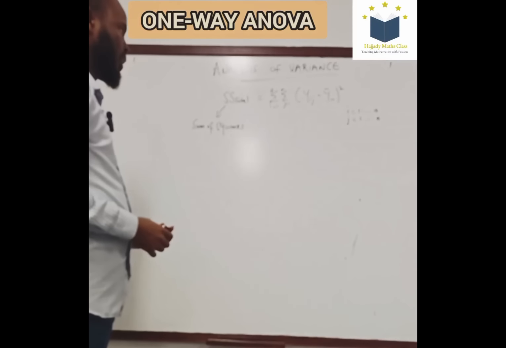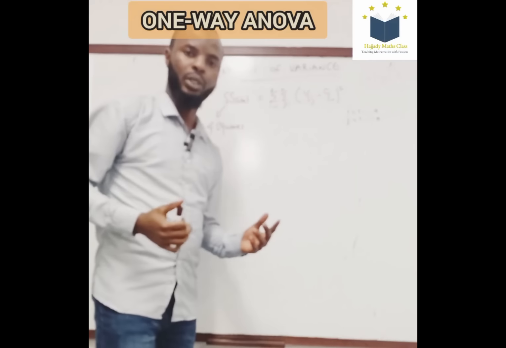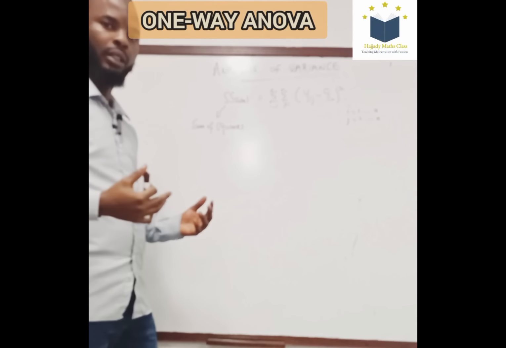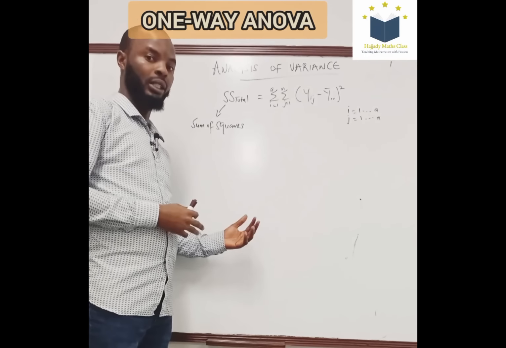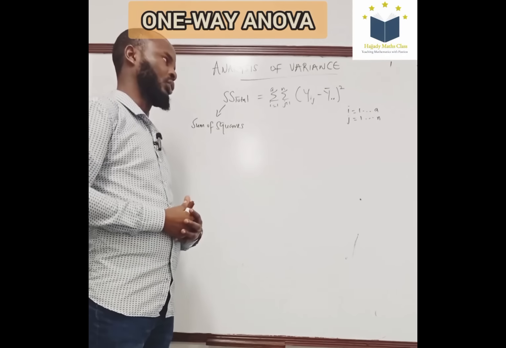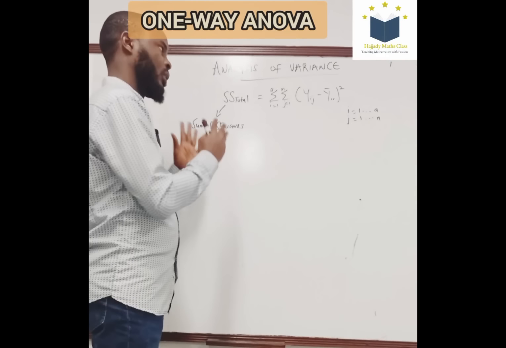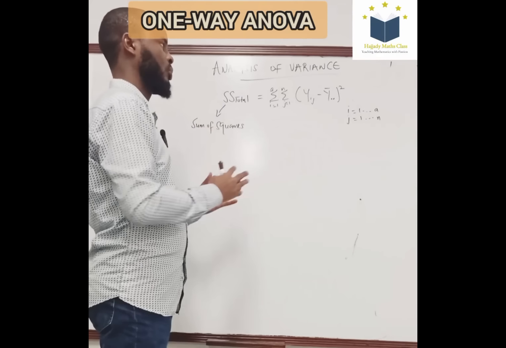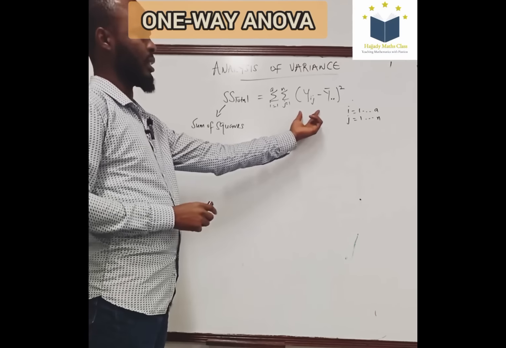When we get to the two-way ANOVA, which is known as the RCBD, the randomized complete block design, then we can talk about the blocking effect and also the treatment effect. But in this case, we are not considering the blocking. We are only limiting it to the treatment effect.